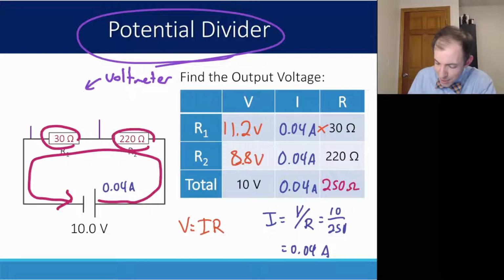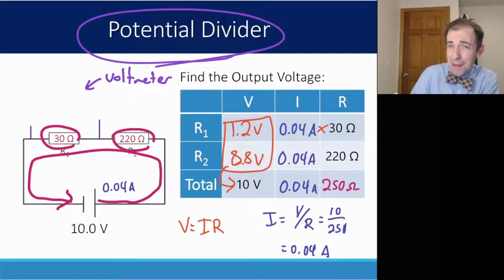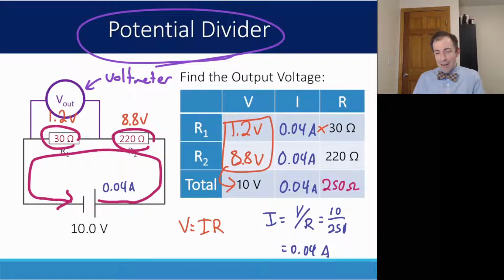You'll notice that these two add up to 10 because of the voltage loop rule, meaning that the voltage dissipated equals the voltage provided. Here, this is 8.8 volts. This is 1.2 volts, which means that if I'm trying to figure out how much voltage this voltmeter is measuring, that's going to be the same as just measuring that resistor, 1.2 volts.